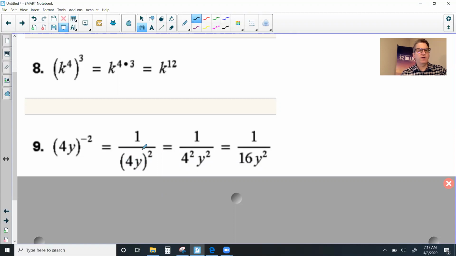All of this is raised to the 2nd power. So each of these items inside here is going to get the power. Okay, the 4 gets the power of 2, the y gets the power of 2, and your final answer is 1 over 16 y squared, and that would be number 9.